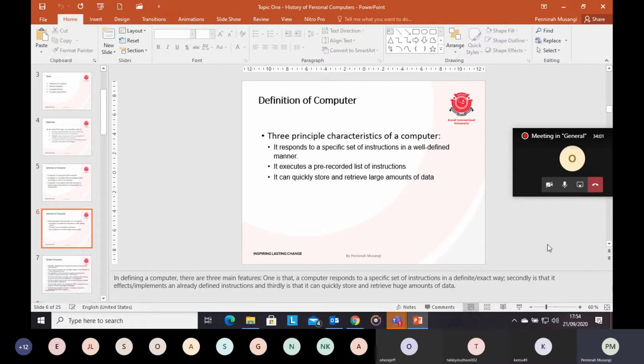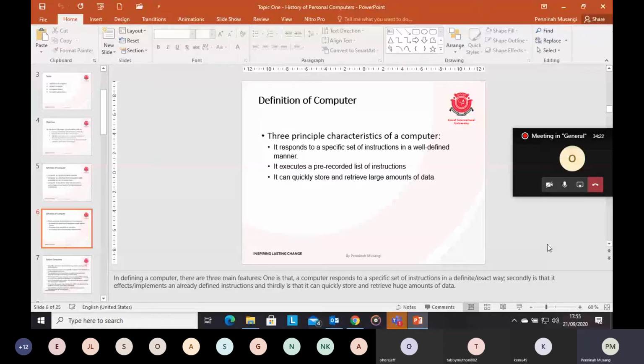And thirdly is that it can quickly store and retrieve large amounts of data. So a computer has that characteristic of being able to store and even to retrieve large amounts of data. So those are three principal characteristics of computer which are emanating from the definitions we have given.